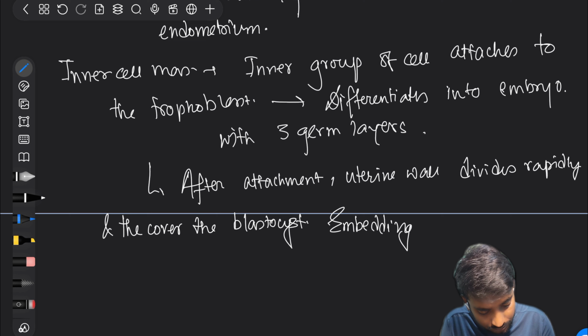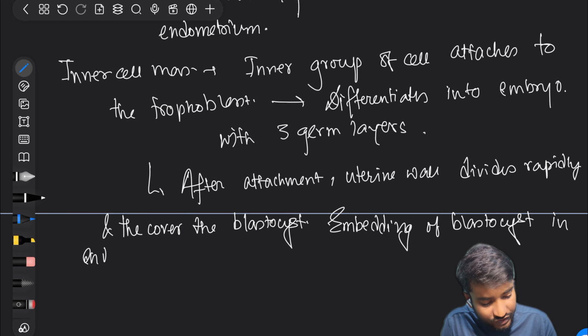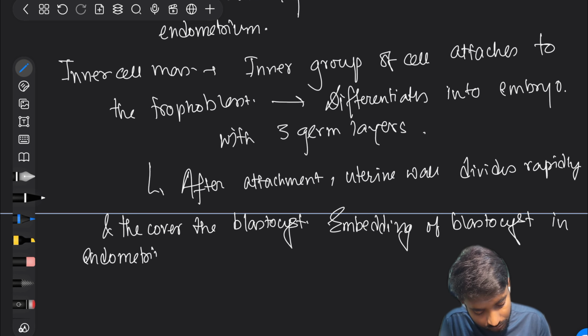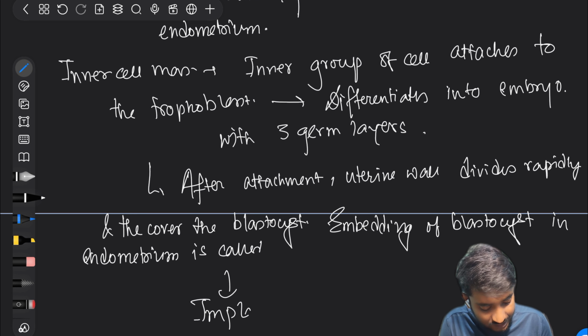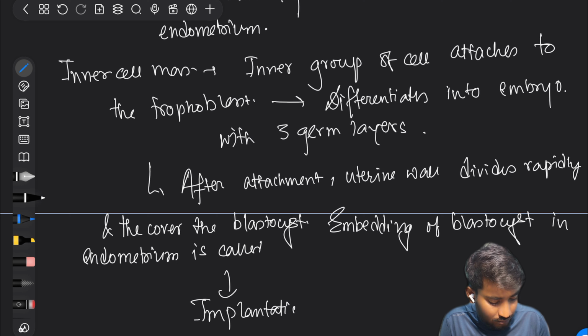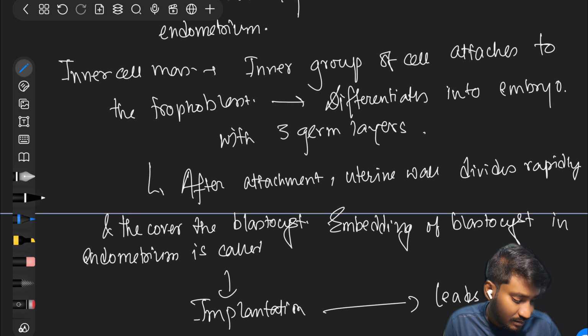Embedding of the blastocyst in the endometrium is called implantation, and it leads to pregnancy.